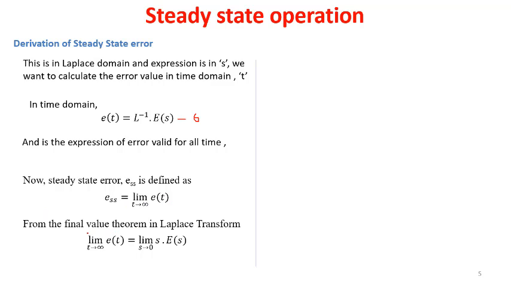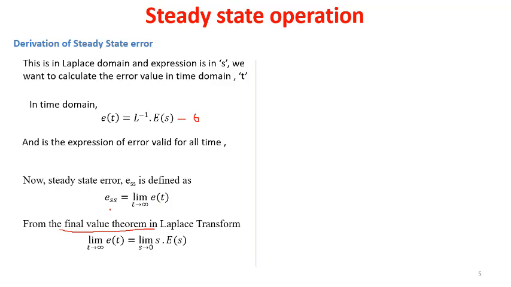From the final value theorem in Laplace transform, we have the final value theorem which tells that limit as t tends to infinity e(t) is equal to limit s tends to 0 s into E(s).